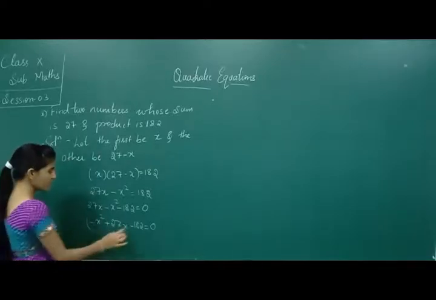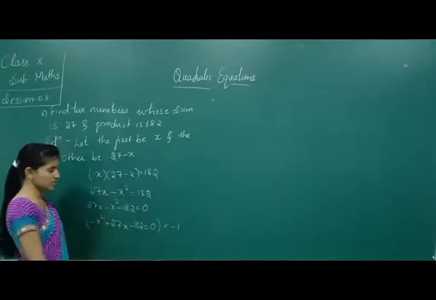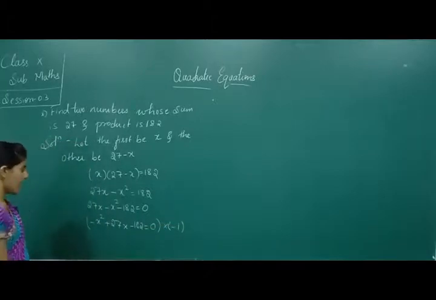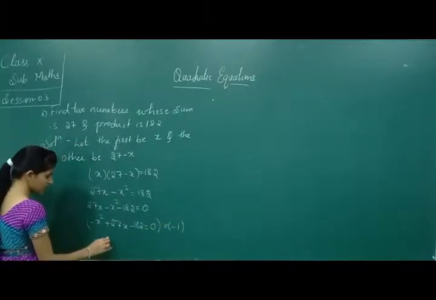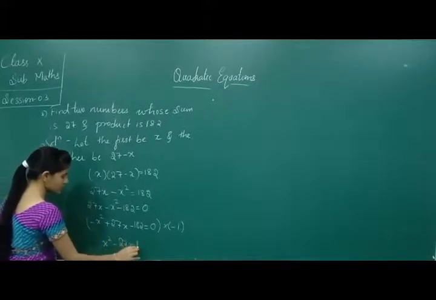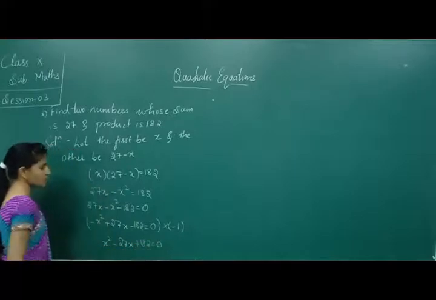So, multiply this entire equation by minus 1. I am going to get x square minus 27x plus 182 equals 0.